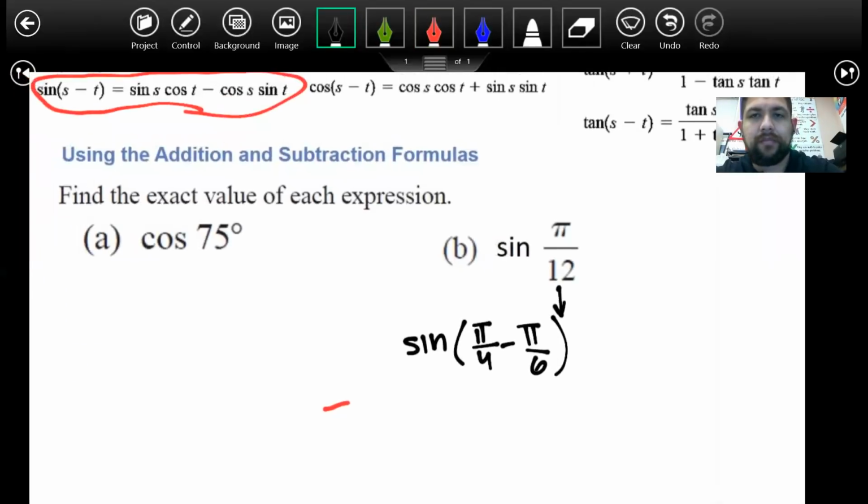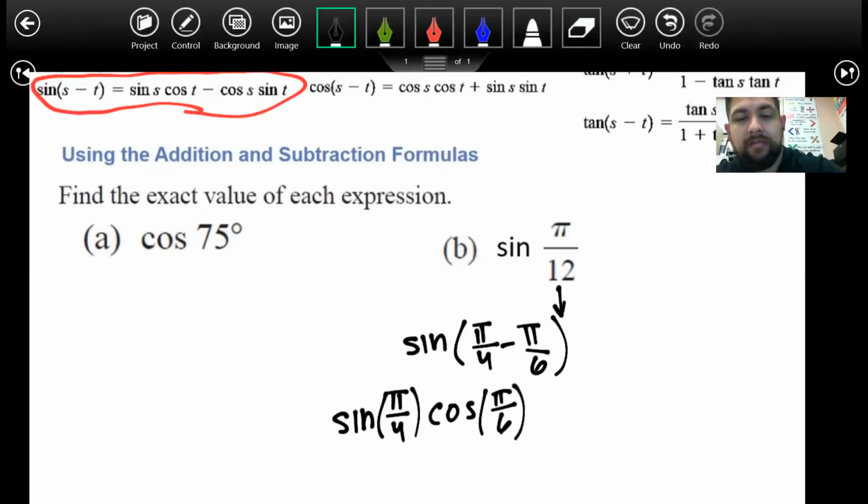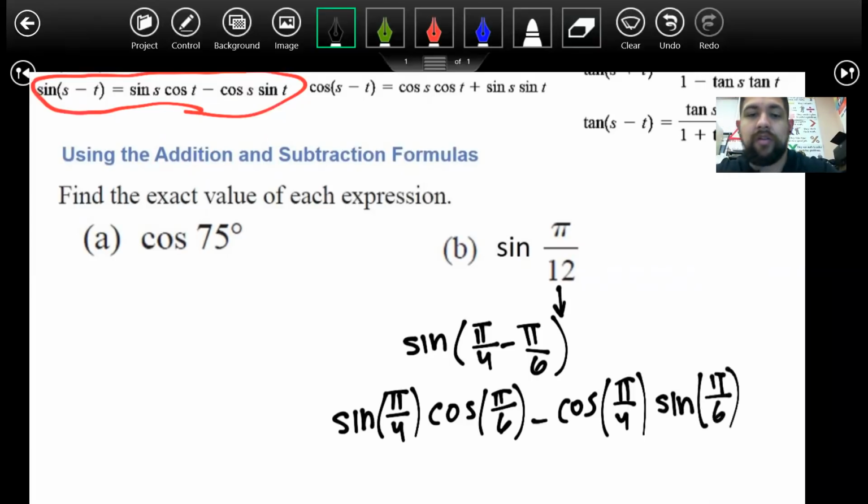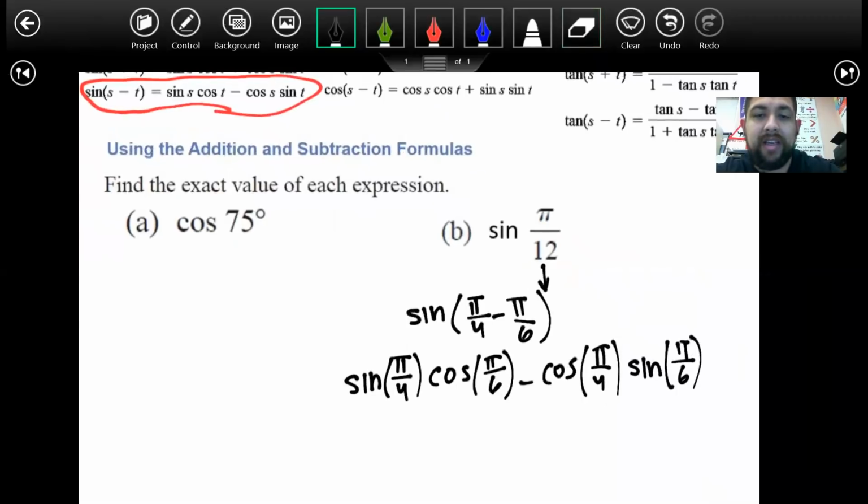So this will be sine of pi over 4 cosine of pi over 6 minus cosine of pi over 4 sine of pi over 6. And so this is what I have for my solution. Again, S is pi over 4. T is pi over 6. All we're really doing is identifying by splitting up the single fraction and reducing.